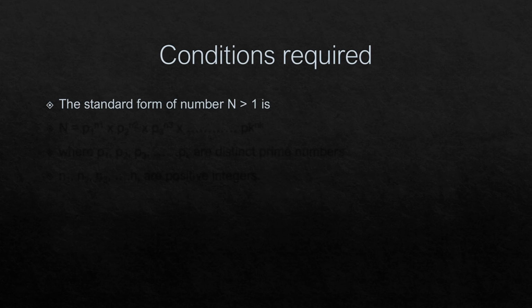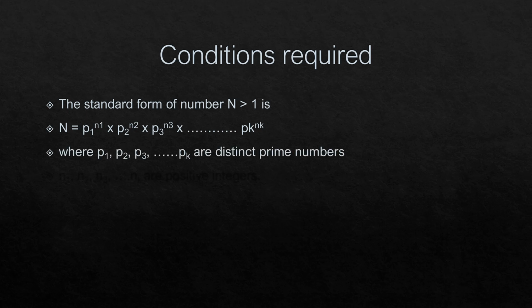The standard form of a number N, which is greater than 1, is N equals p1 to the power n1 multiplied by p2 to the power n2 multiplied by p3 to the power n3 multiplied by and so on pk to the power nk, where p1, p2, p3 and so on pk are distinct prime numbers and n1, n2, n3 and so on nk are positive integers.